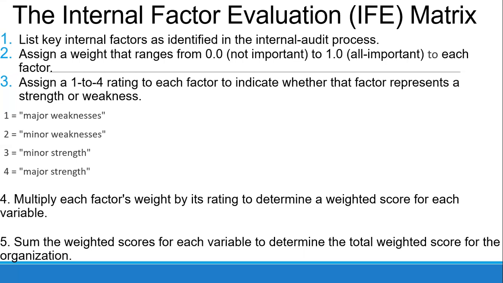So by functional areas, I'm referring to the various departments or units that are found within the organization, ranging from management, marketing, finance, HR, through to operations.